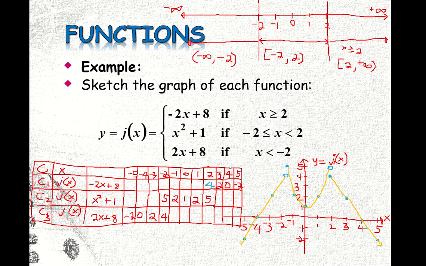So you put an arrow to indicate that you can still assume more values. Okay, so this is the ready-made solution to this problem.